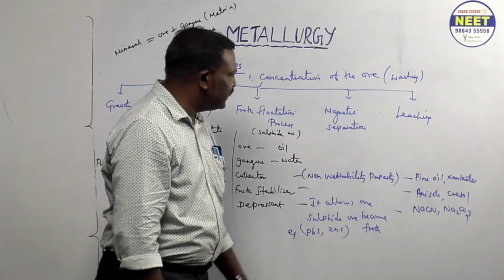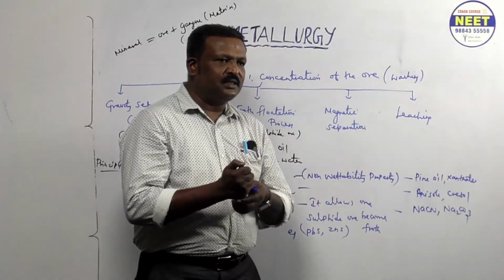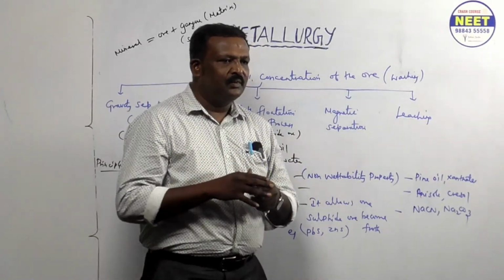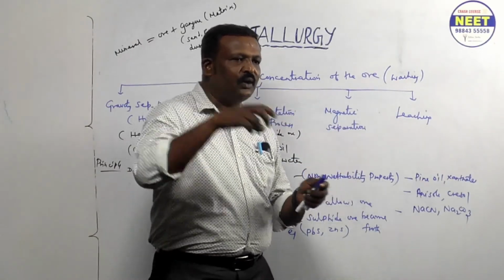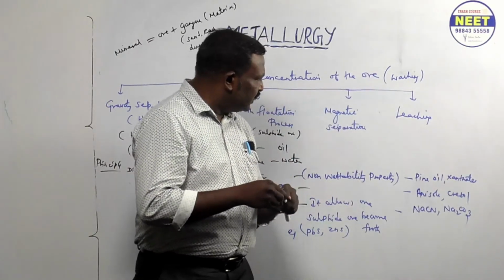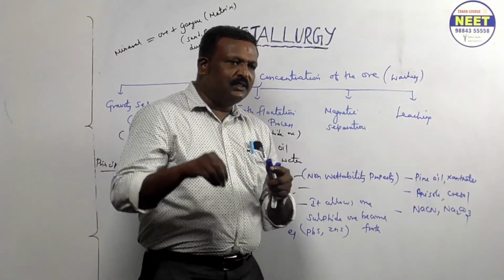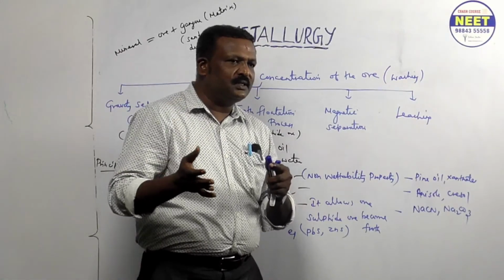Next one, magnetic separation. This is a simple one. Suppose the ore has any magnetic substance, a magnetic roller is there, no? You saw the diagram. If you pass the substance along the magnetic roller, a magnetic substance always attaches to the magnetic roller. A non-magnetic substance will be separated at one end.